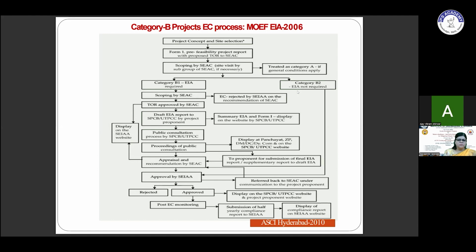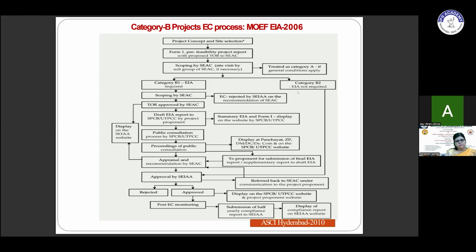Then after the recommendation by SEC, again it will come to the SIA, approval by SIA, and SIA can again reject or approve. And if it is approved, then post environmental clearance monitoring will be done, and submission of half yearly compliance report to SIA.